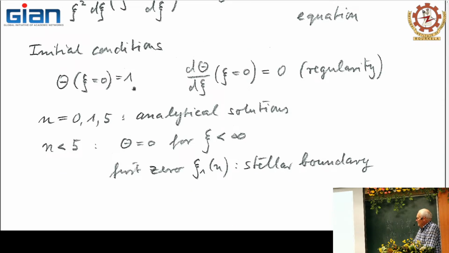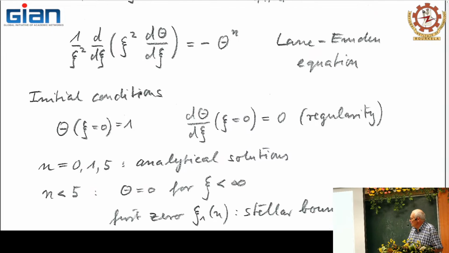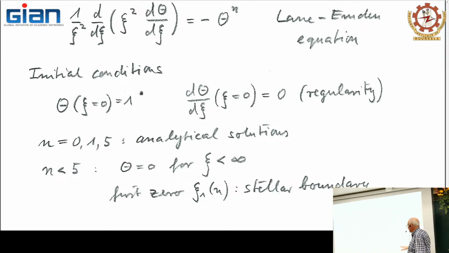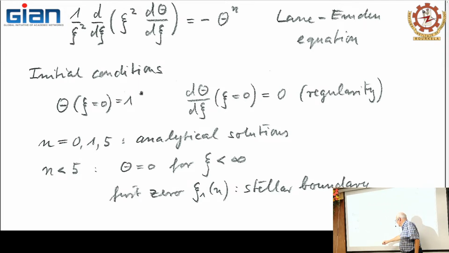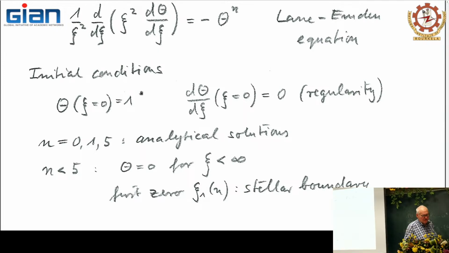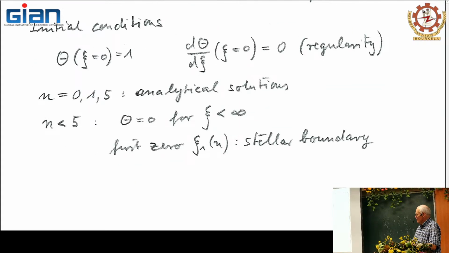Okay, so the first zero of the solution of theta, the solution of the Lane-Emden equation, denoted by psi1 as a function of n, will be interpreted as the stellar boundary for polytropic indices smaller than 5.